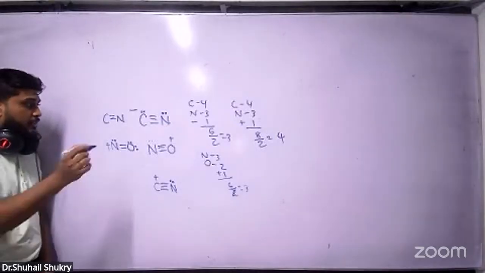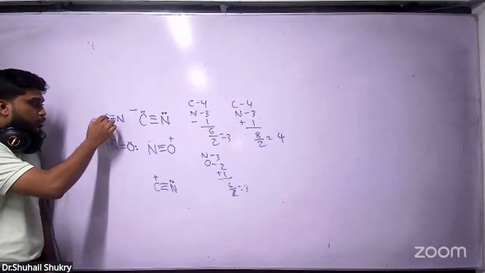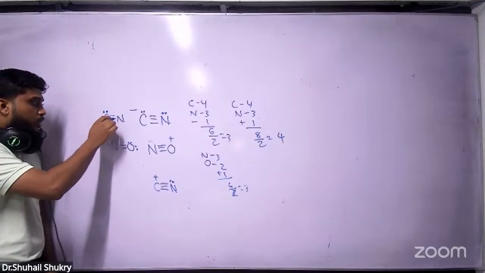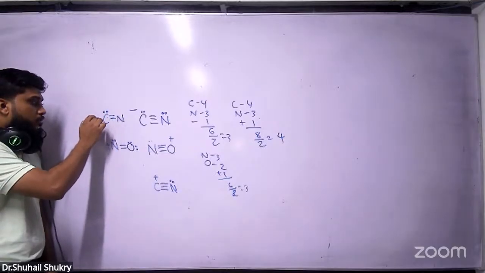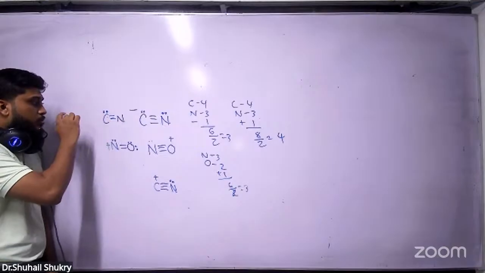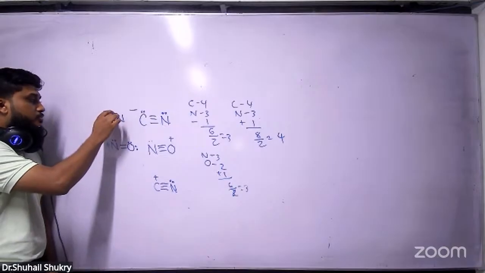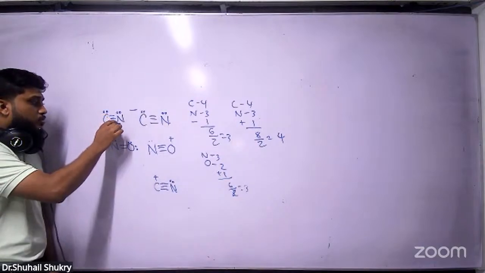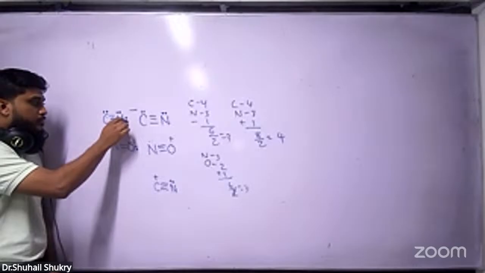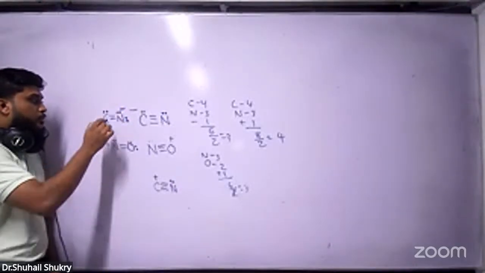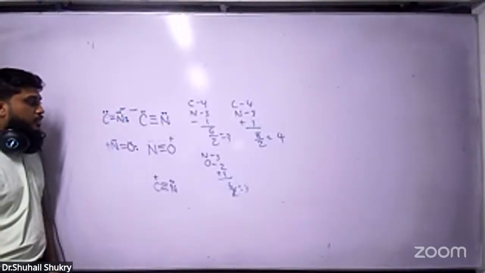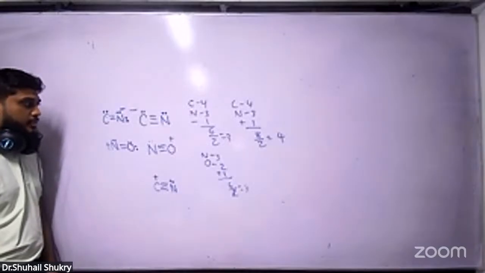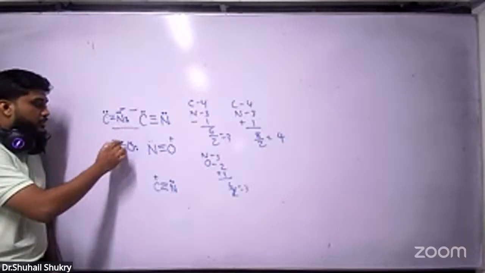But CN minus means, for example, we'll say 1, 2, 3, 4, 1, 2, 3, 4, 5, 6, 7, 1, 2, 3, 4. Then here 1, 2, 3, 4, 5, 6 you can put a minus charge. Then 2, 4, 6, 8. Still, this is also unstable. You can draw like this, CN minus and NO plus.